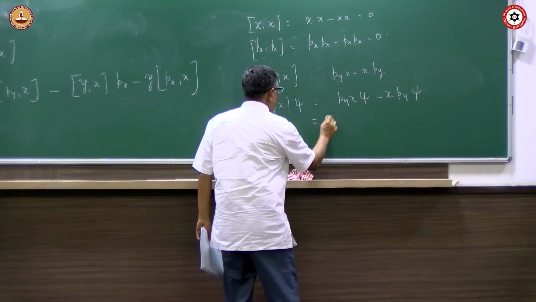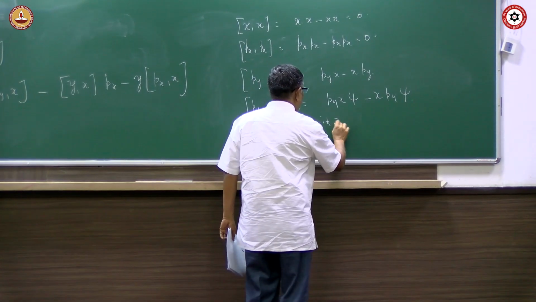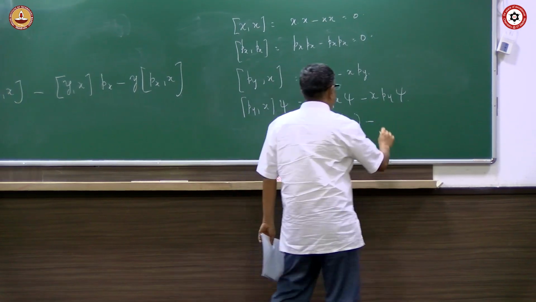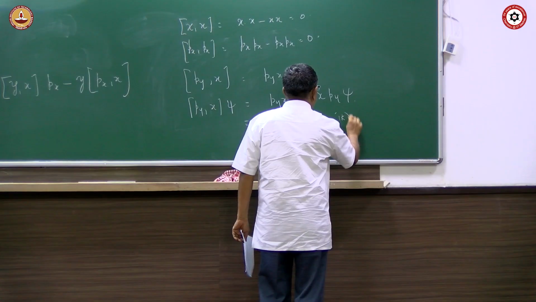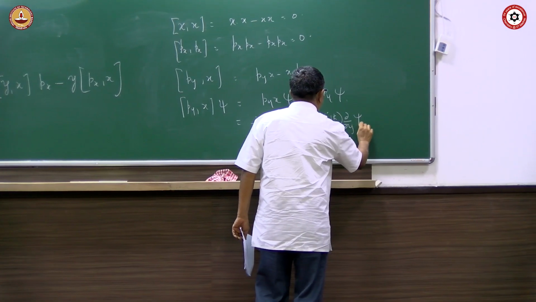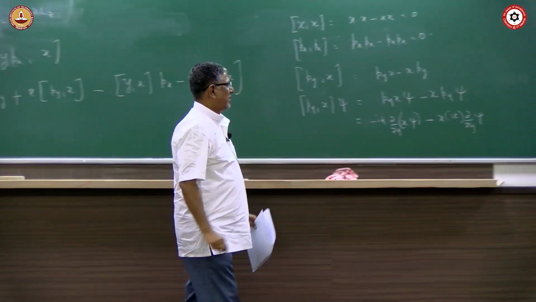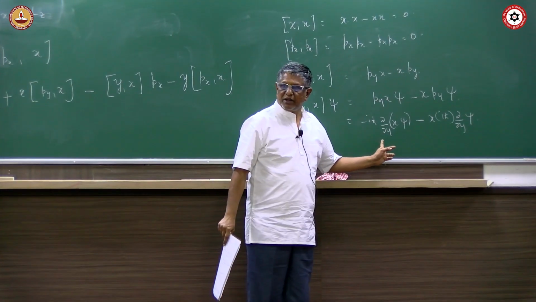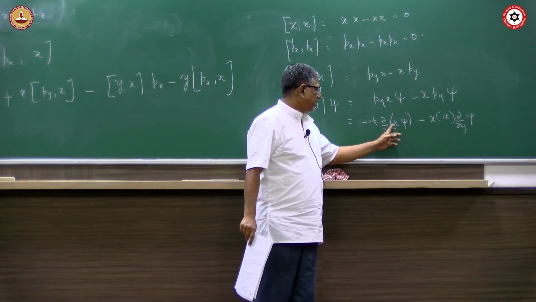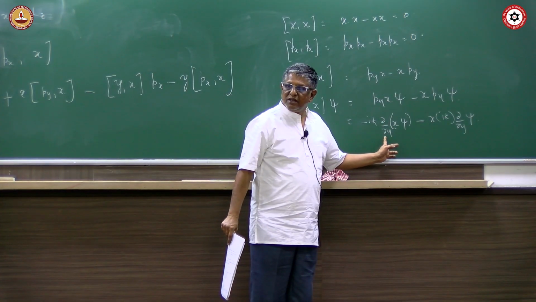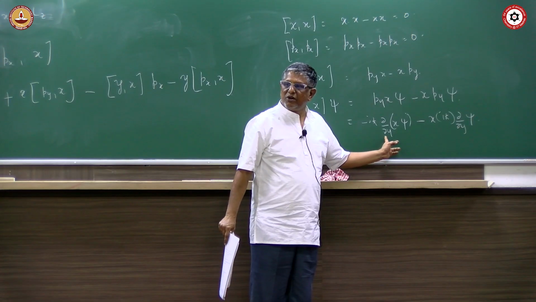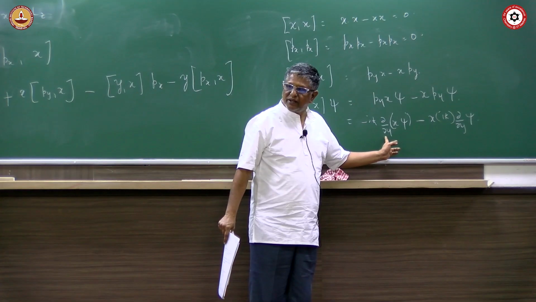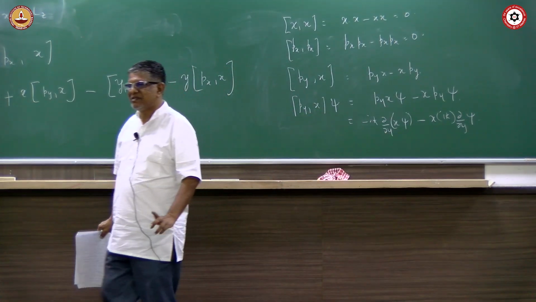So this operator here is minus i h cross dou by dou y of x times psi, minus x into i h cross dou by dou y of psi. Right, what will happen? Can you differentiate? This is a partial derivative. The partial derivative of x with respect to y is 0, right? Do you remember partial derivatives?